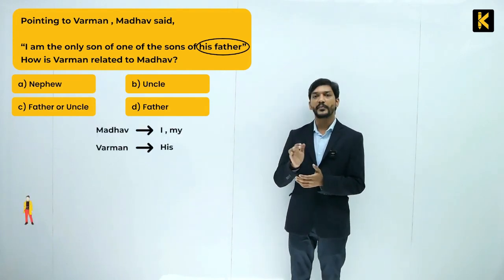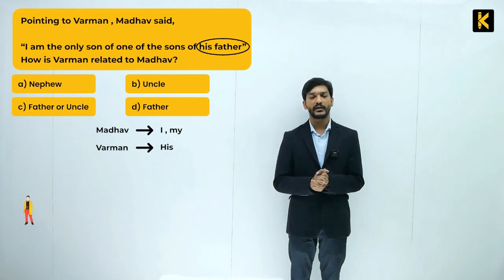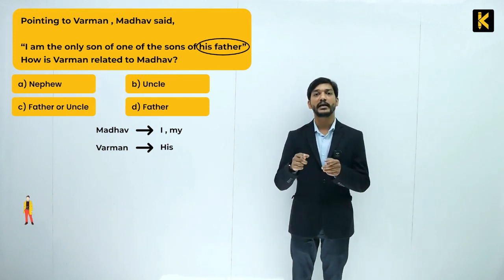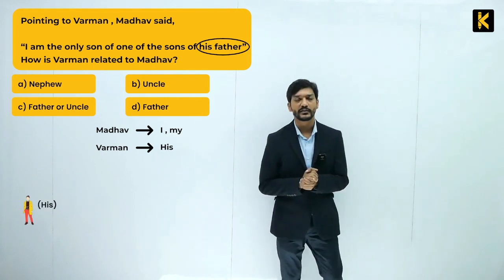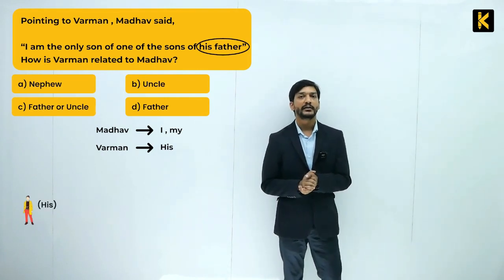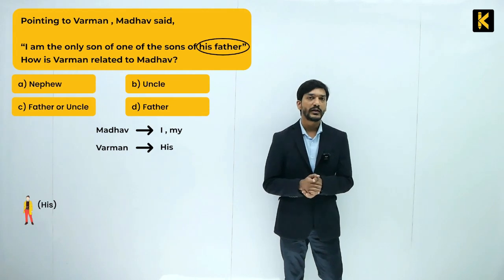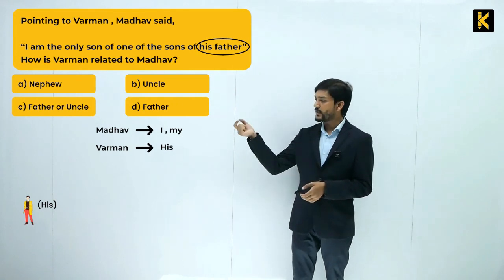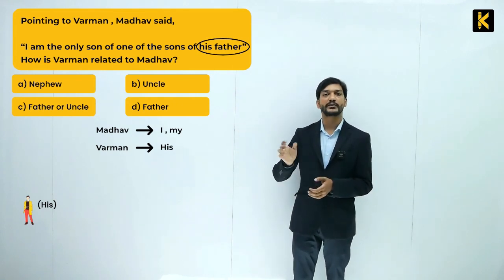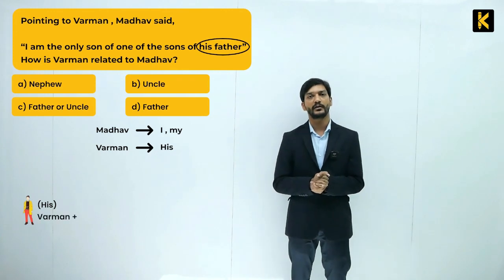So let me show a male person. For that male person, the word his is used. So in the bracket, let me write his. And that person is who? The word his, I have clearly said, is used for Varman. So this person for whom the word his is used is actually Varman.